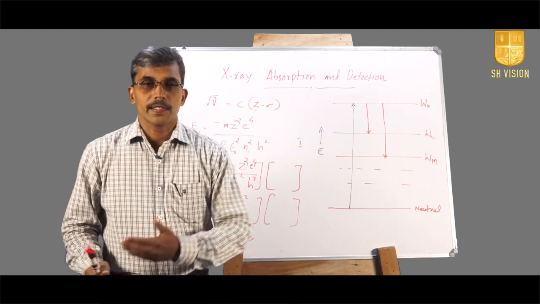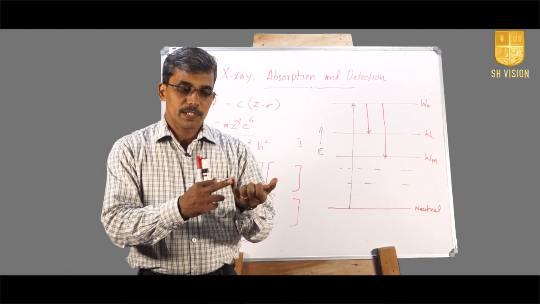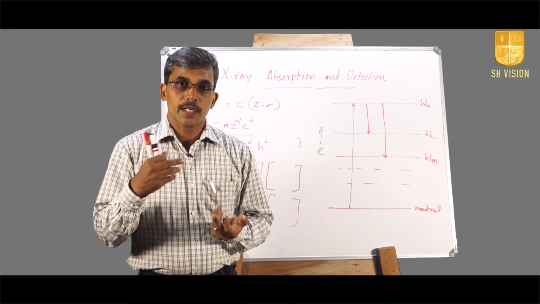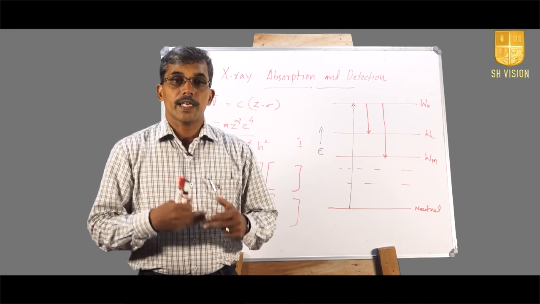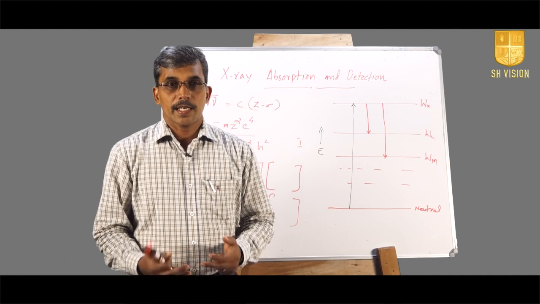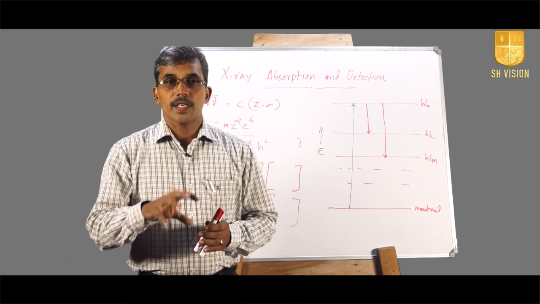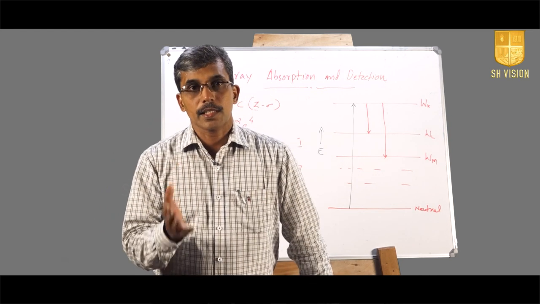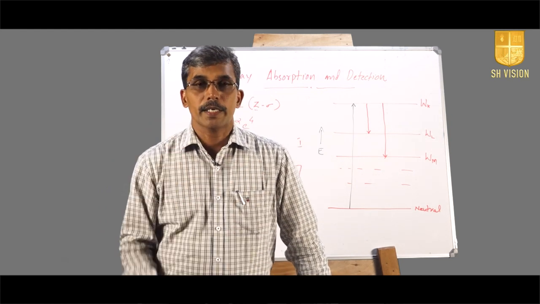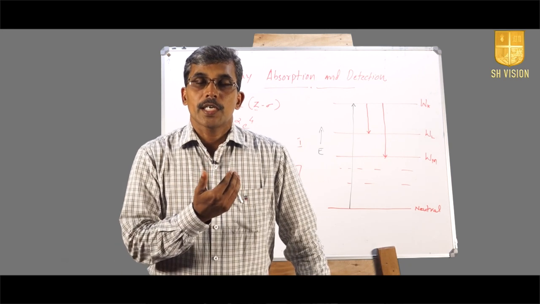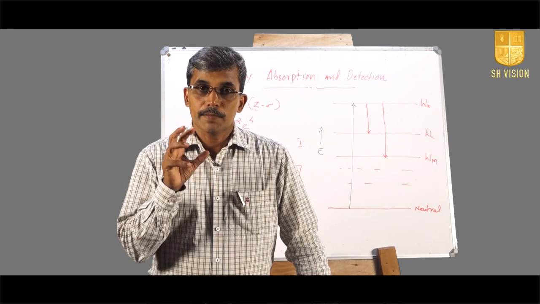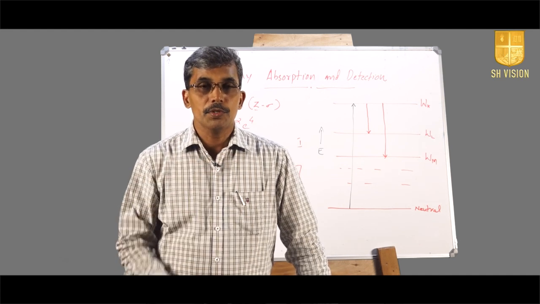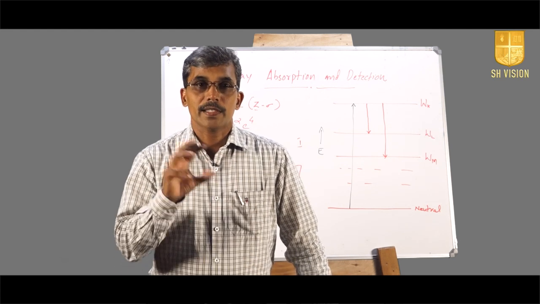In the previous lectures, first we saw what X-ray is, then the nature of X-ray, then the production of X-rays, then the X-ray spectra, characteristic spectra and continuous spectra, then the absorption of X-ray by matter, then how X-ray filters can be used, and the last one, how X-ray can be detected.